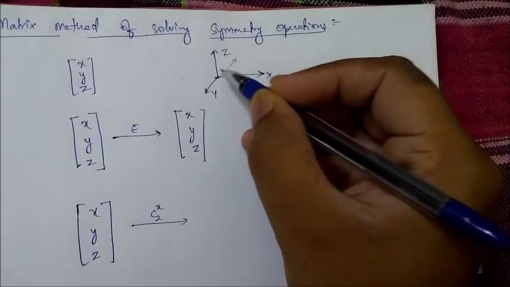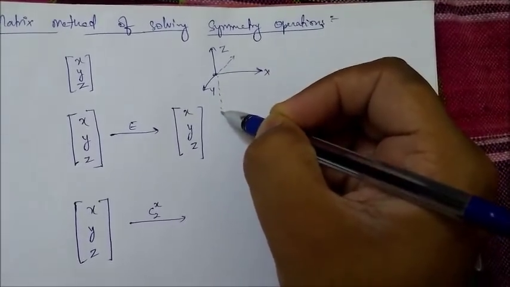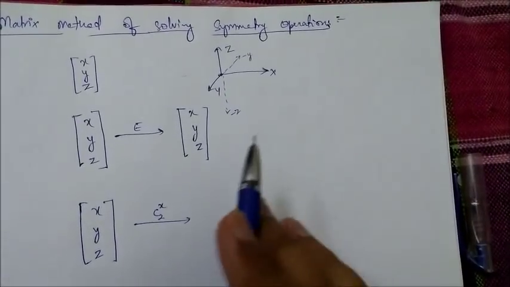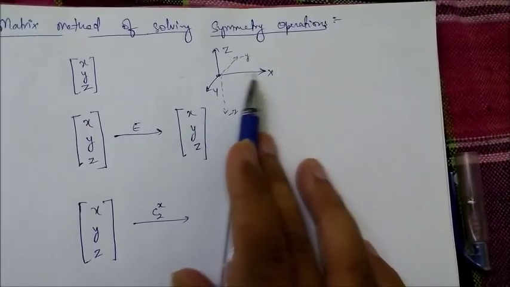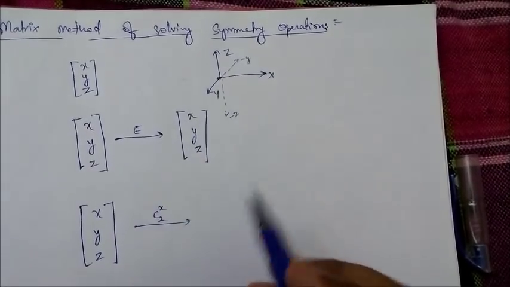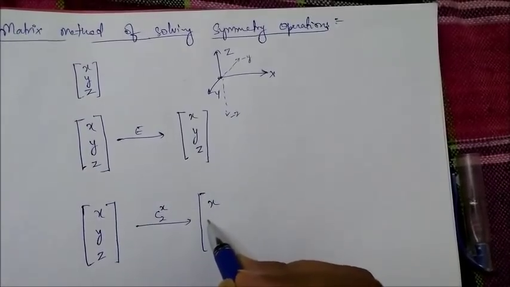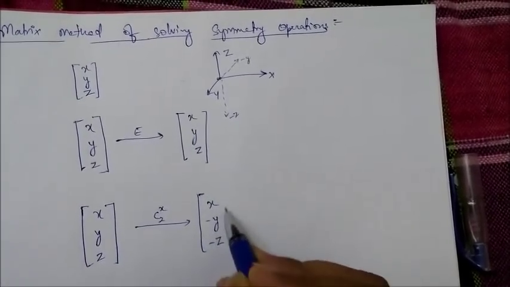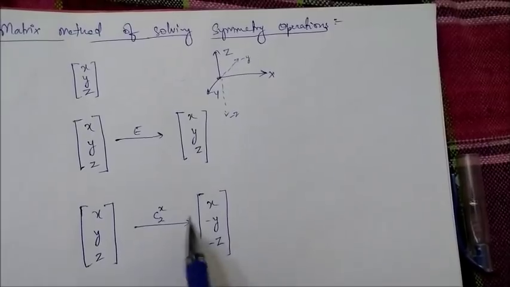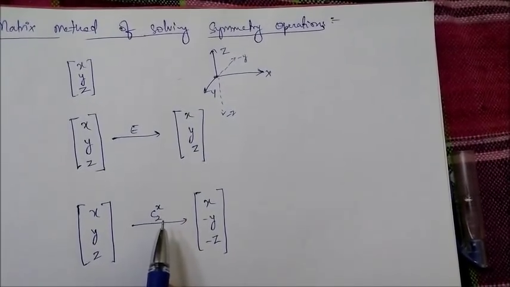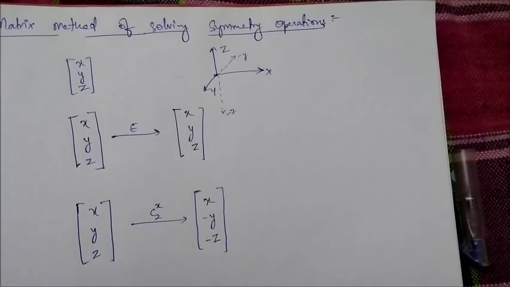It will go there, and the z-axis will come downside, so it will be minus z-axis and minus y-axis. The x-axis will not change because that was fixed, only y and z will change. So what you will get is x, minus y and minus z. This will be the resultant if you rotate the axis by C2 operation along the x-axis.